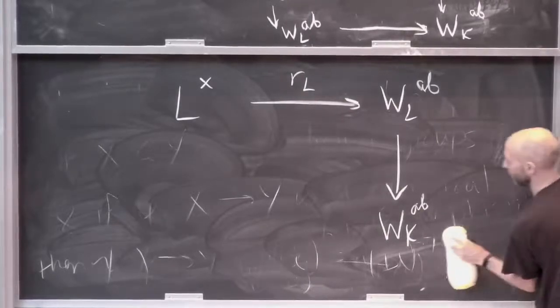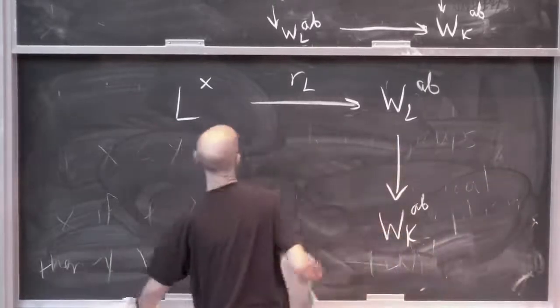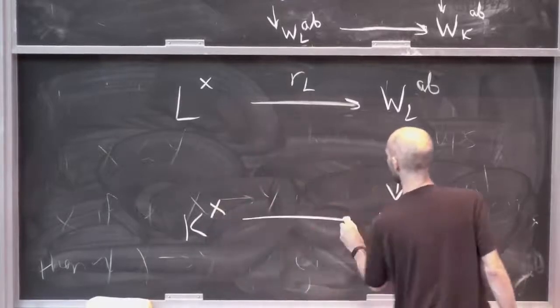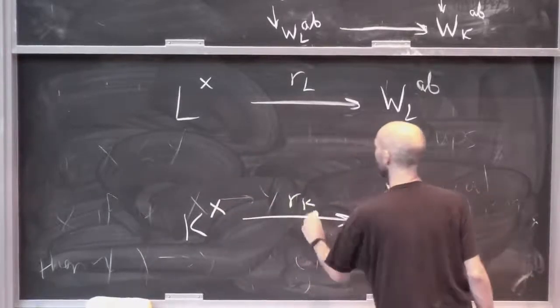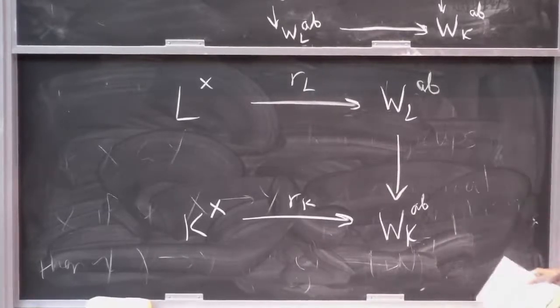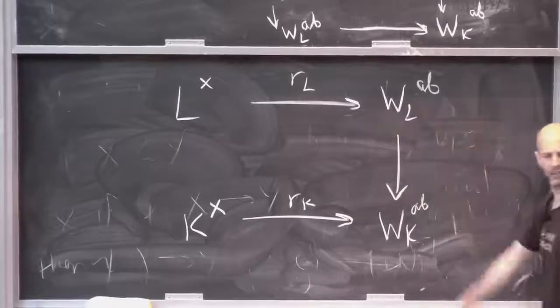But now I've realized it's not an injection at all, which is kind of good, because here's K-star, and there's my isomorphism RK. And if I had to come up with an injection from L-star to K-star, that might be quite difficult, because L-star is much bigger than K-star. I really wanted the answer to be a completely natural inclusion from K into L, but that goes the wrong way.